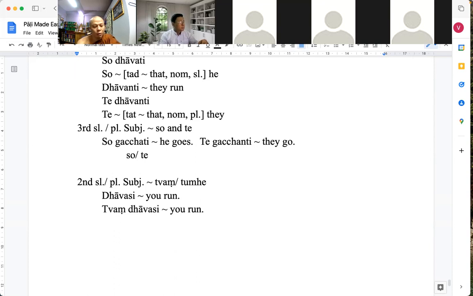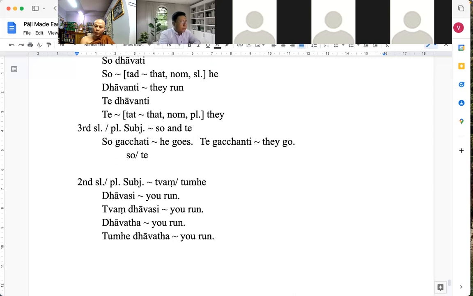The same way for plural, the verb dhavatha alone also can mean you run. But if you want to put a subject, at that time the personal pronoun for the second person plural is tumhe. So, tumhe dhavatha. Also, you run.